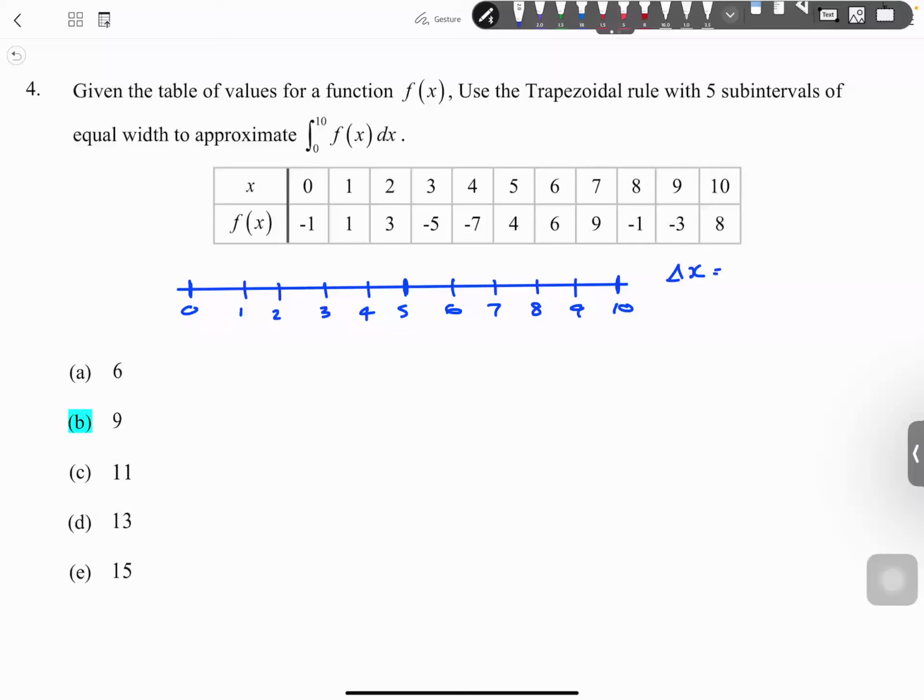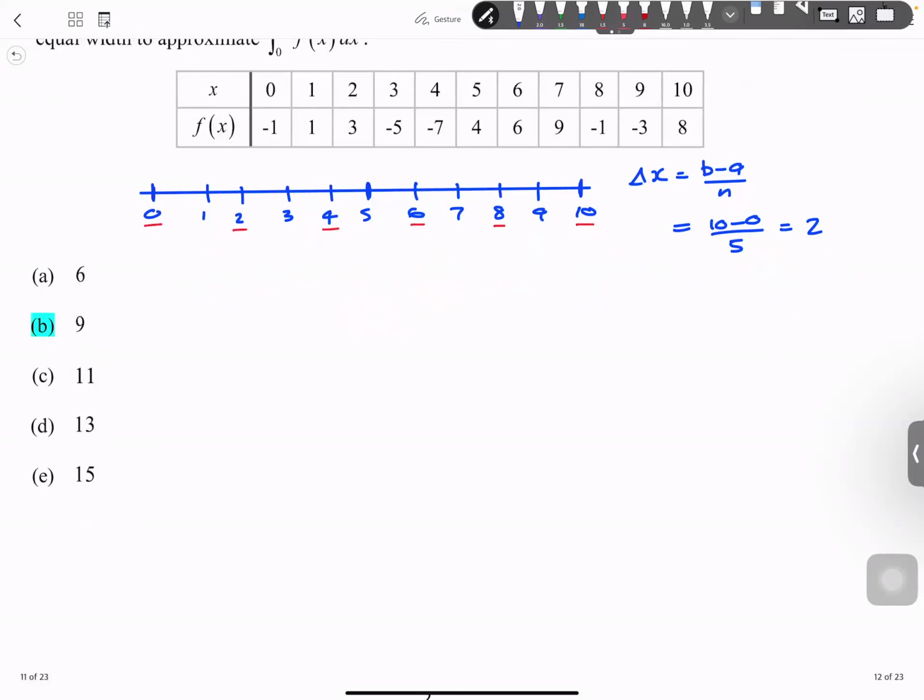Our delta x, remember delta x is b minus a over n. So for this problem, it's going to be 10 minus 0 over 5, so it's going to be equal to 2. So our partition points that we want to use are going to be 0, 2, 4, 6, 8, and 10. All right. Those are our partition points.